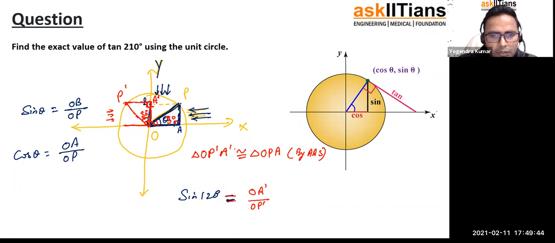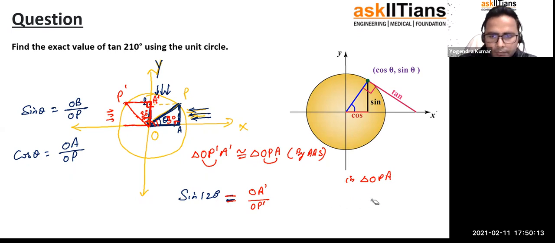Now, if you compare with this triangle, OA dash is the same as OA, right? And OP dash is the same as OP, right? So OA divided by OP in the blue triangle, if you see in triangle OPA, we can say cos theta means cos of 30 degree.